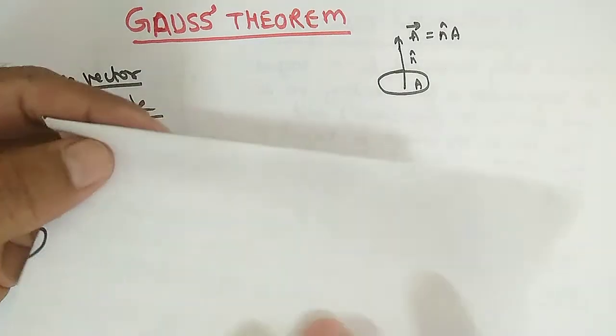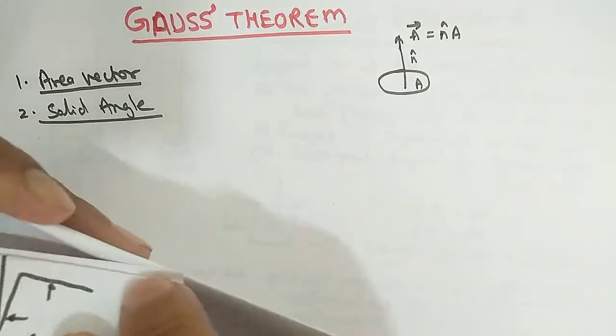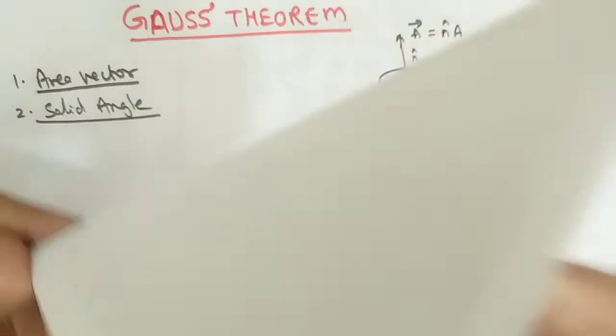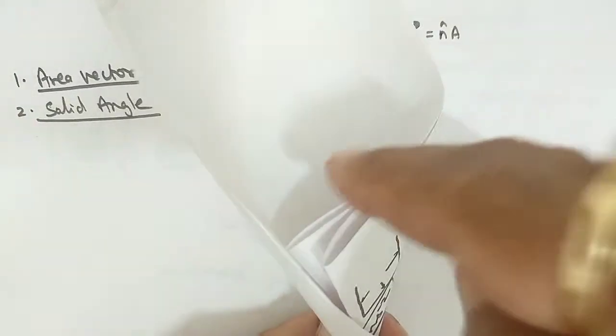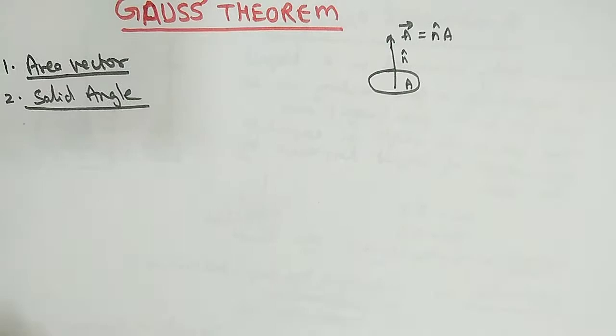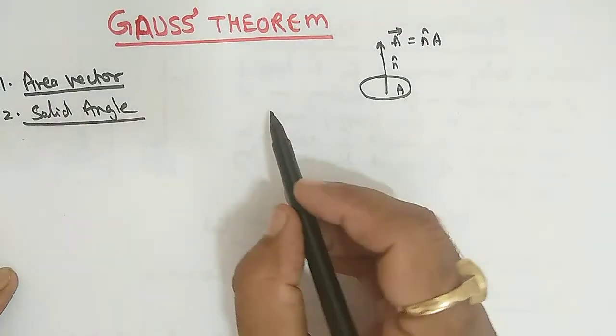Suppose this is a body and it is curved like this, so you can see inside the angle which is subtended by the outer surface at the center of the circle, it is known as the solid angle. Let me show in a different way.